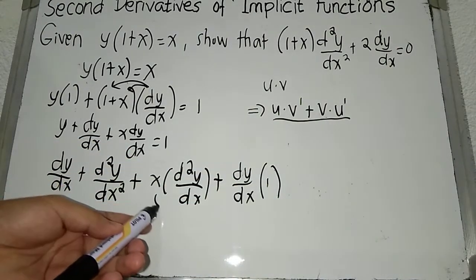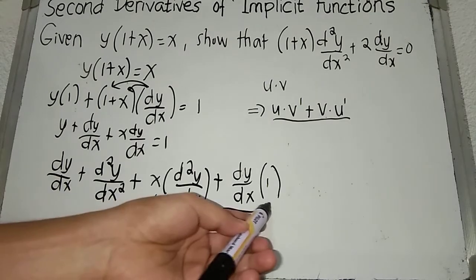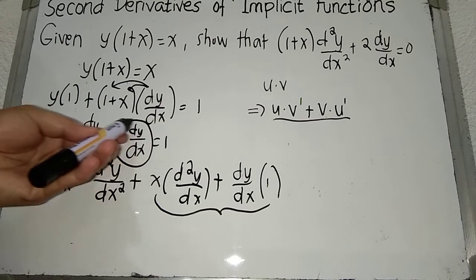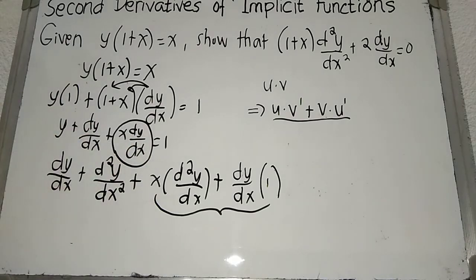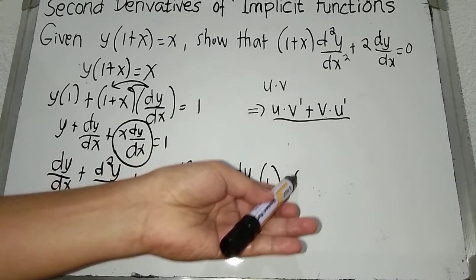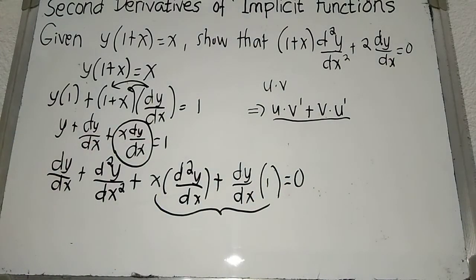So basically, this is the derivative of this term. And the derivative of the right, the derivative of a constant, is 0. So we are done with our second derivative.